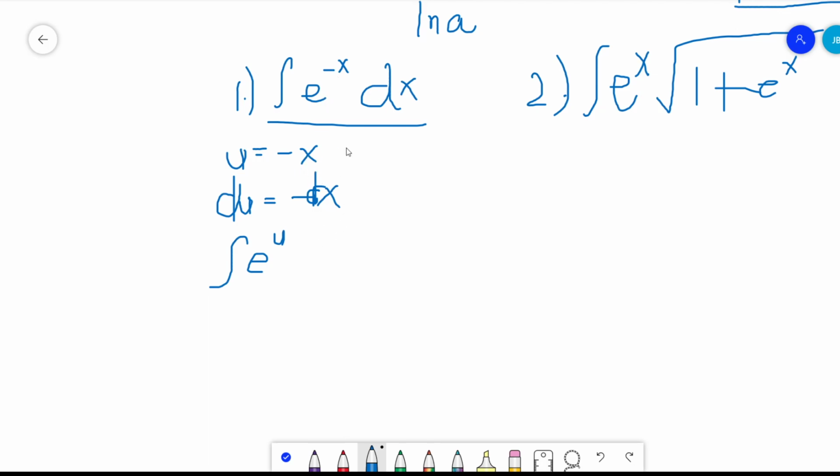Then your dx is negative du. So that's negative times negative du. Therefore, we can say that this is negative integral of e^u du.